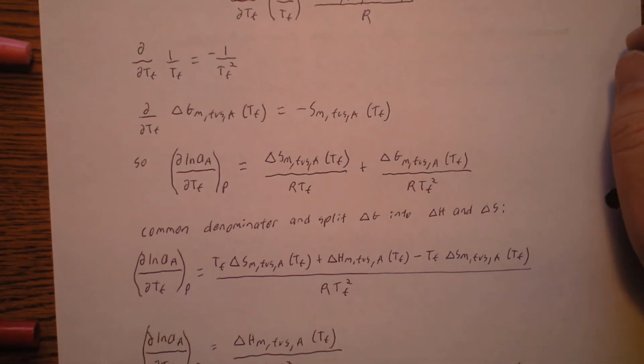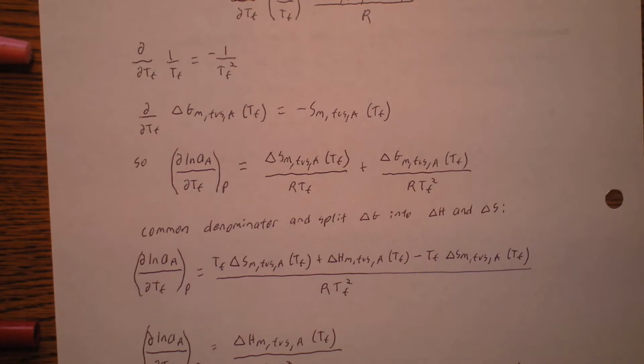Now we want that equation with a common denominator, and then we want to split out the Gibbs free energy into enthalpy and entropy.